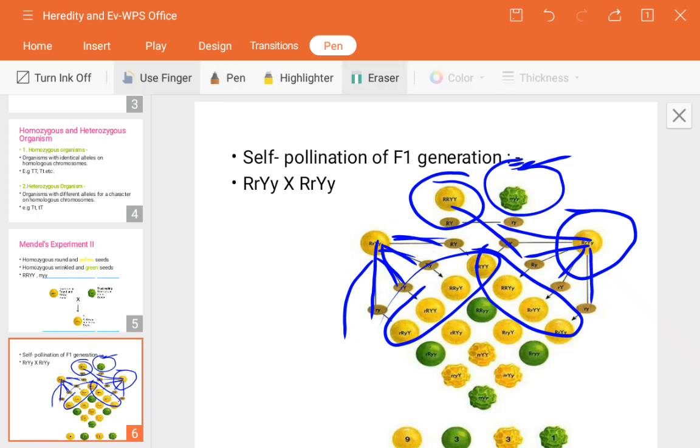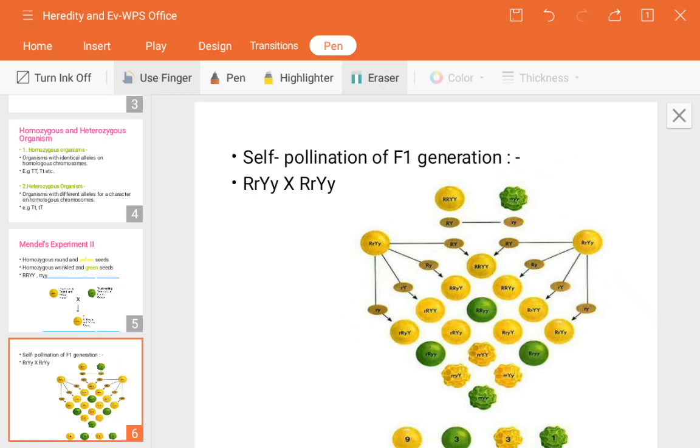So after crossing with each of them, they got the specific type of traits. So all the traits are mostly round and yellow. Those were nearly 9 after crossing.